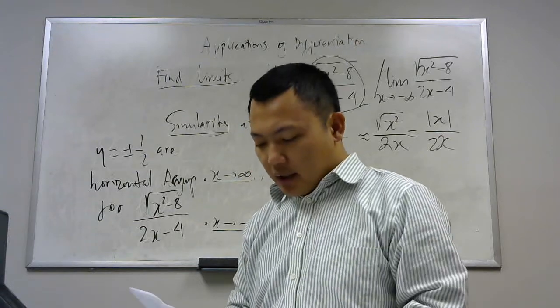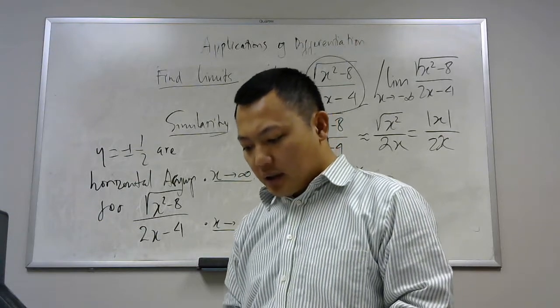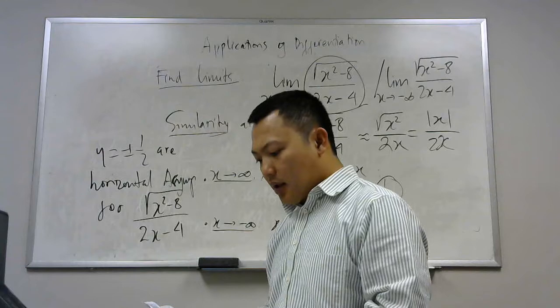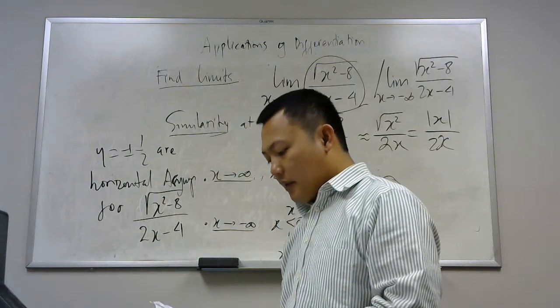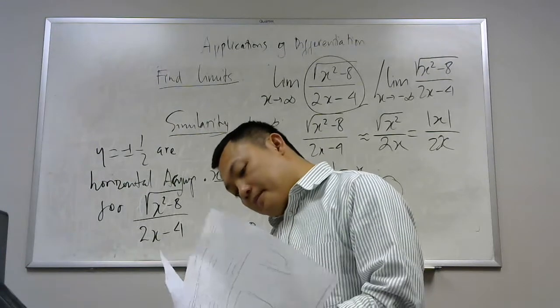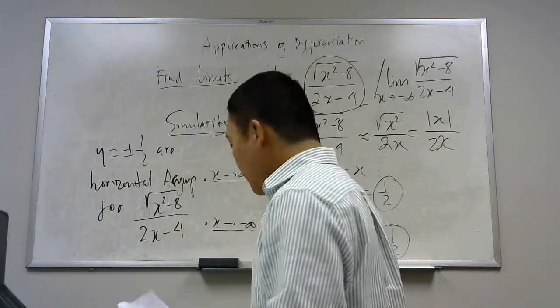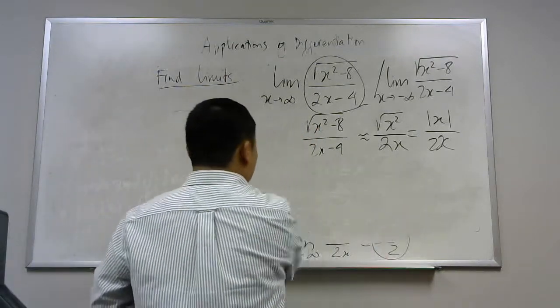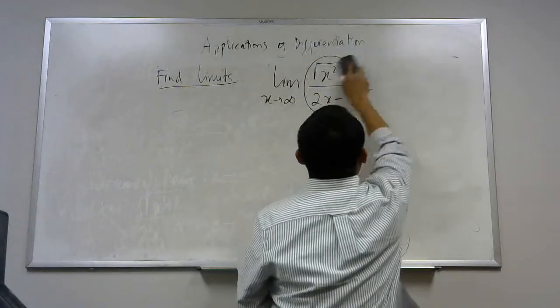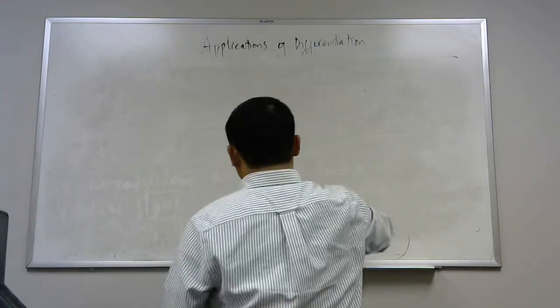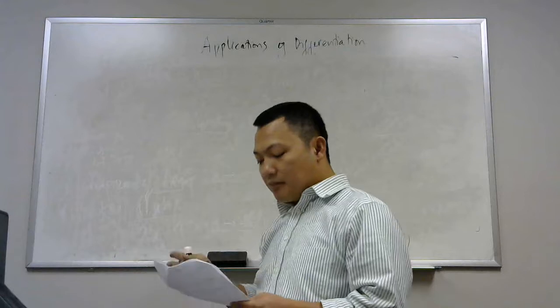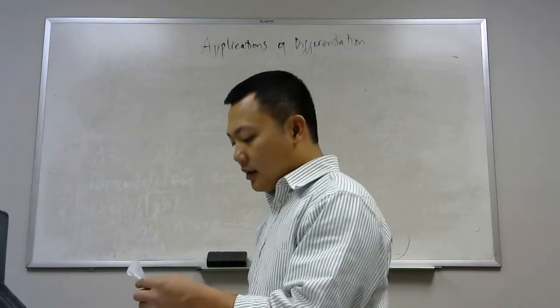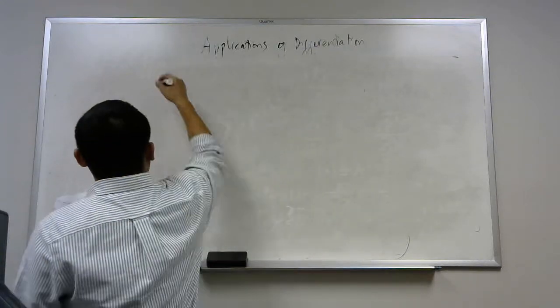All right, so the last question: analyze and sketch a graph of the function. Let me do that real quick, and then we finish this review. That's why I told you the main purpose of this chapter is to analyze and sketch graphs.